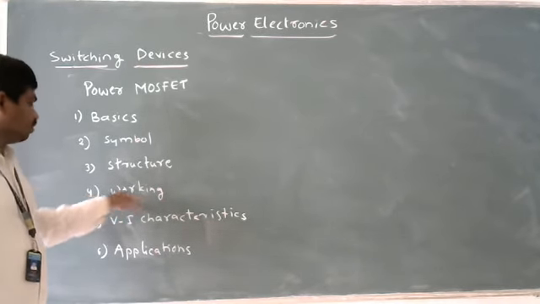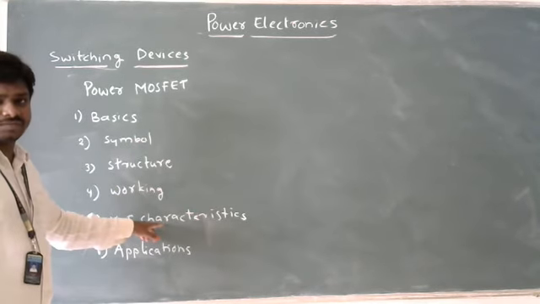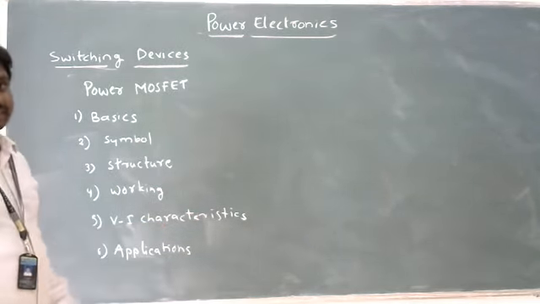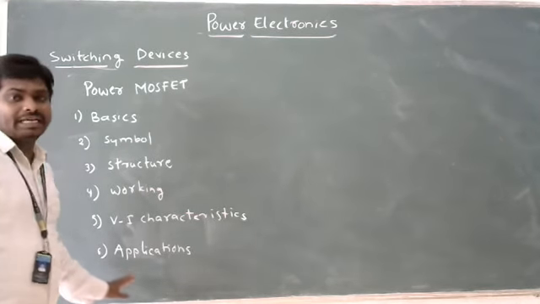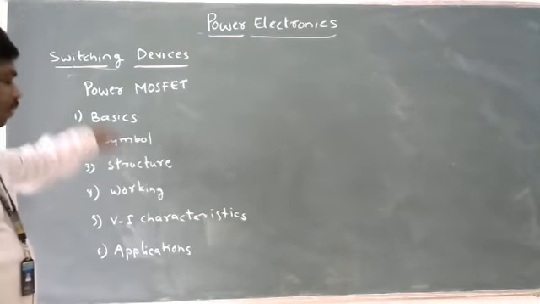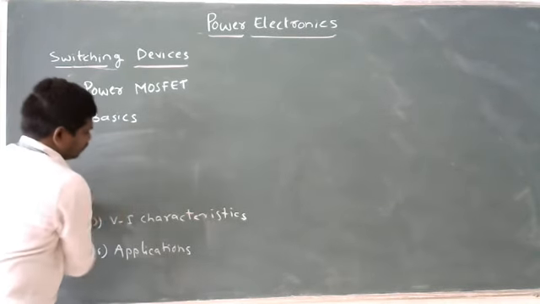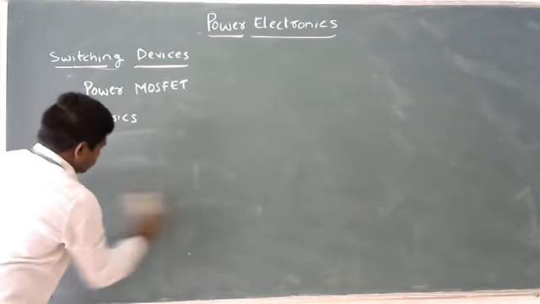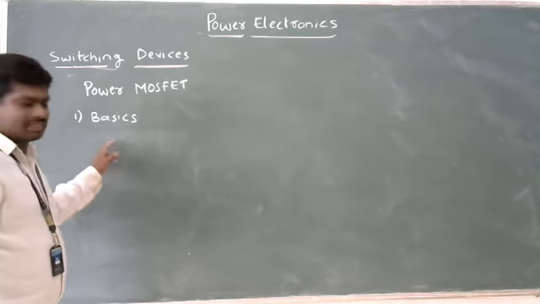While doing the working, we are going to take the VI characteristics, and how we get the VI characteristics will also be explained. Finally, we will see the applications. We'll go one by one. First, we'll see the basics.